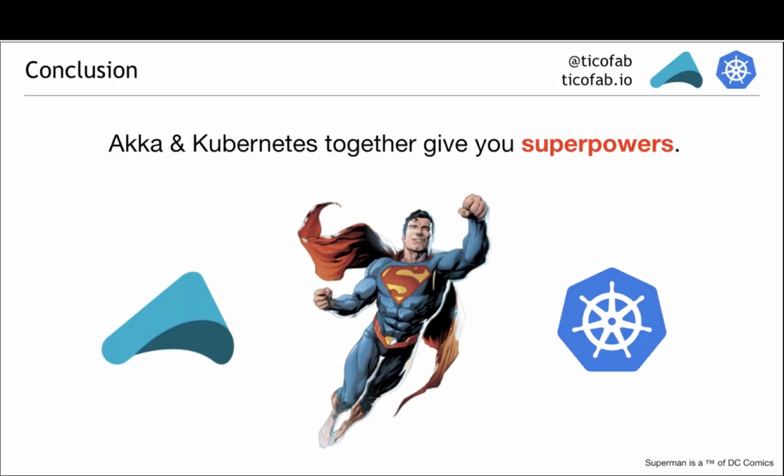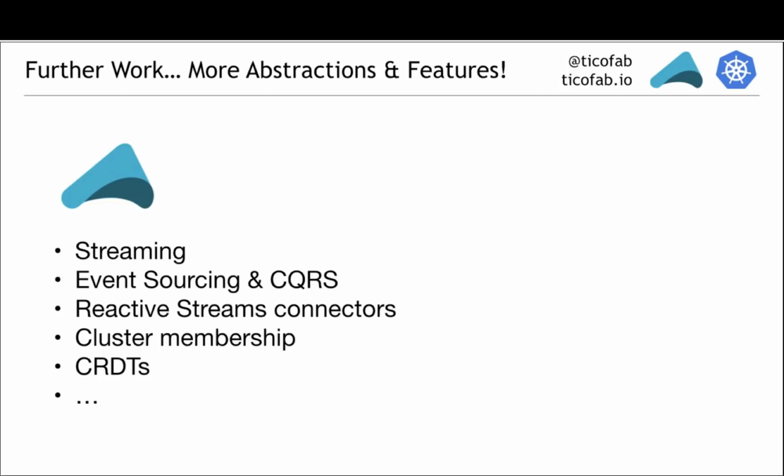And for the future, in fact, there are more abstractions and features waiting for you. Akka has abstractions for streaming, for event sourcing and CQRS, reactive streams connectors, and much more.